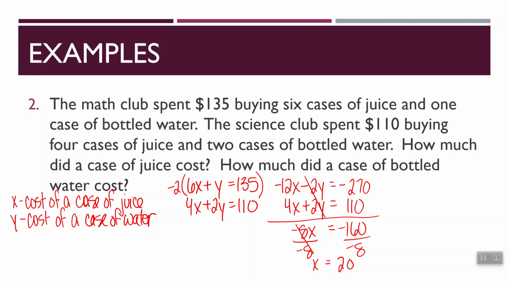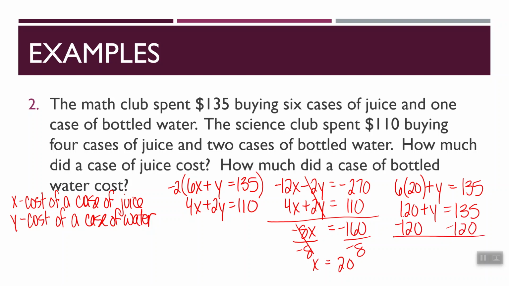And now I want to figure out what y is, so I'm going to take that 20 and plug it into the first equation because that's where I have just the single y, so I won't have to divide. 6 times 20 plus y equals 135. So that's 120 plus y equals 135. Subtracting 120 from both sides, we get that y equals 15.